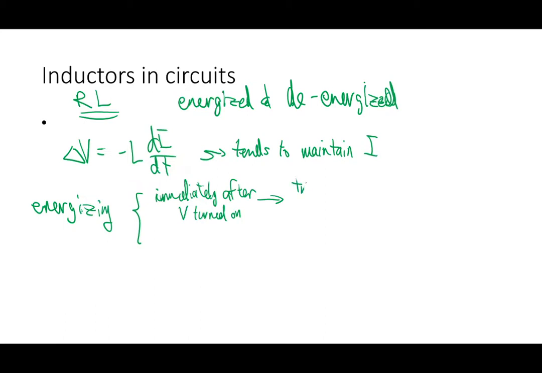So we would try to keep the current to be 0. And in fact, because when you flip on a switch like that, your V goes from nothing to a whole bunch, right? This slope here is infinite because of the step. So in fact, in the ideal case, the inductor is able to provide as much V as possible to keep the current to be 0.